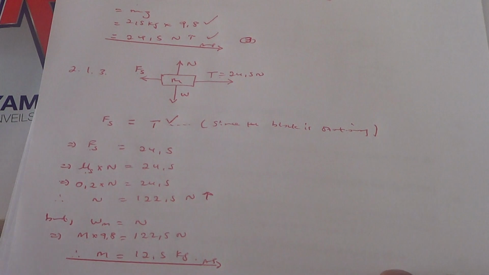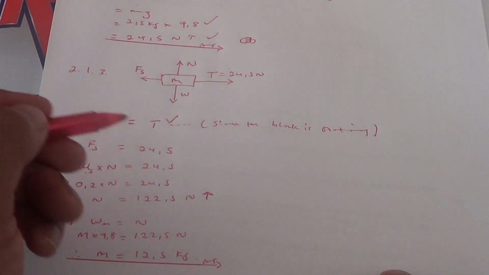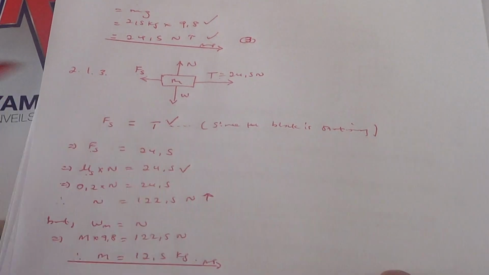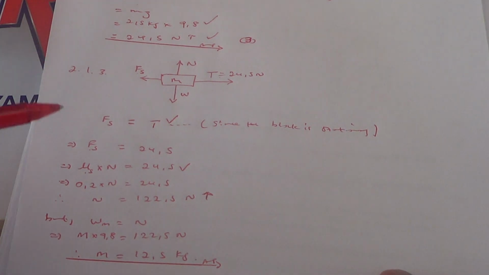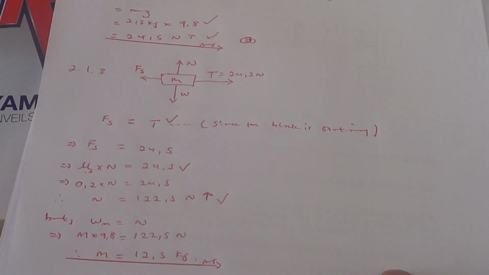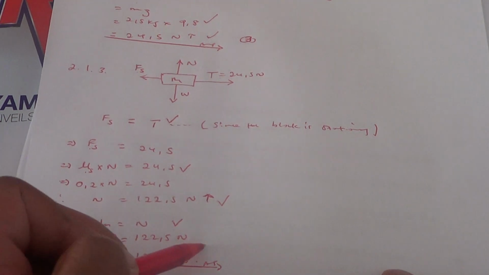To get to this stage is another mark, and to get our normal force is another mark. So we have 3 marks over there, and then to state this is very important, and then of course the final answer.